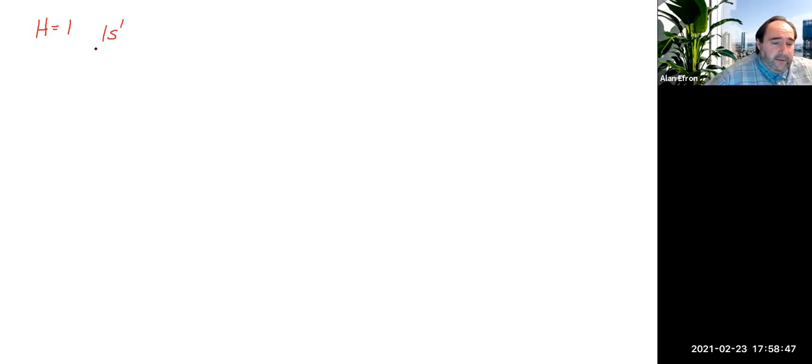Again, a reminder that what these numbers represent is that the first one does represent the principal quantum number. So this is the principal quantum number, and again, that's that n number.